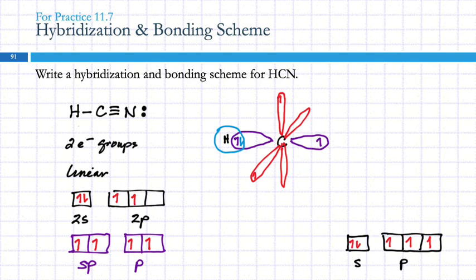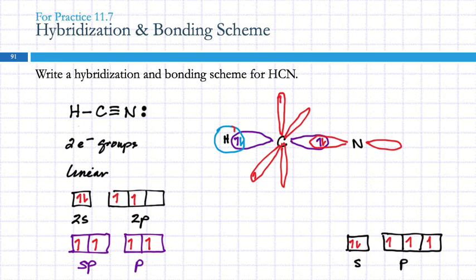So nitrogen is going to use these p orbitals to make the bonds with carbon, right? So it will take one of those, let's just put nitrogen here. One of those will make a sigma bond with carbon.